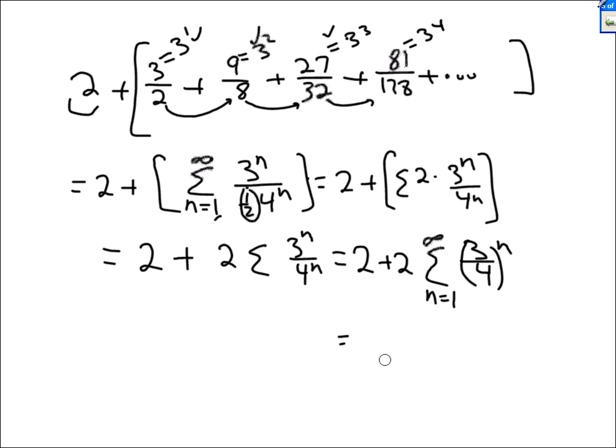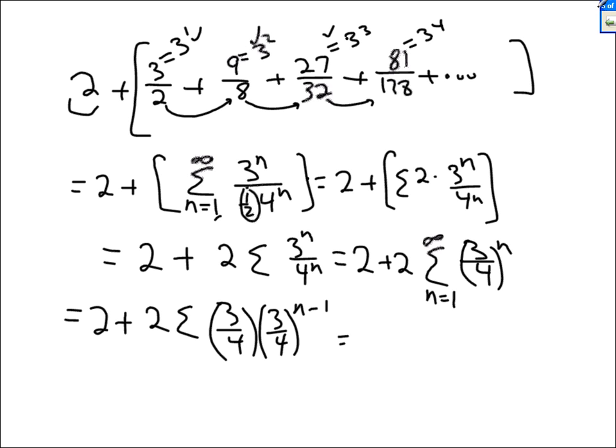Okay, this is called alphabet soup. It's just silly stuff that is a pain to handle. I broke off a 3/4, and in fact, I can bring the 3/4 in front. 2 times 3/4 is 3/2. And now n goes from 1 to infinity.